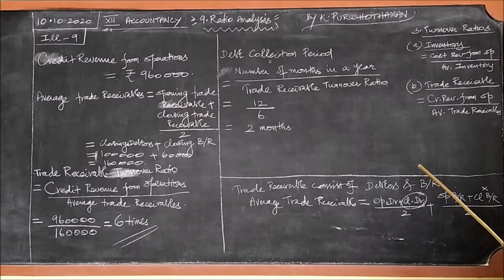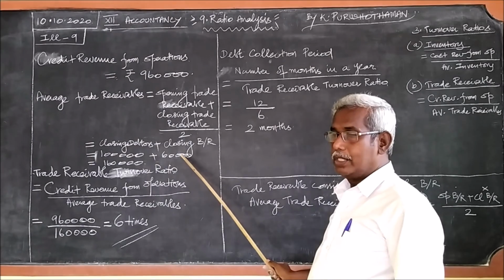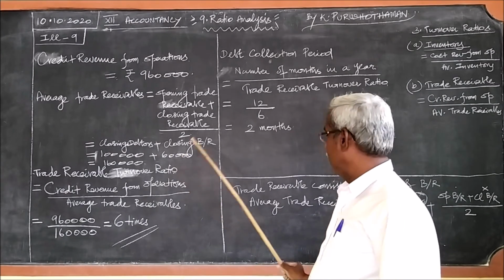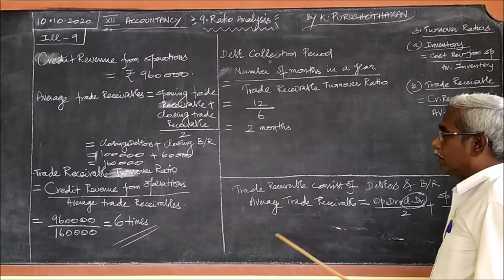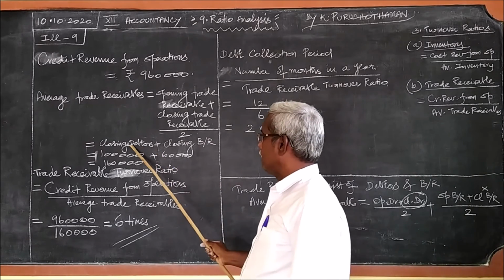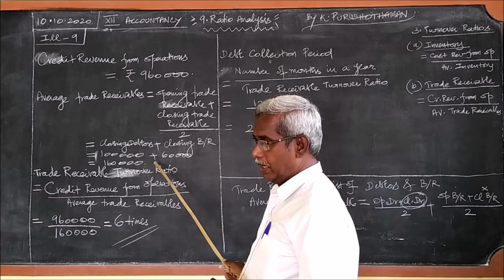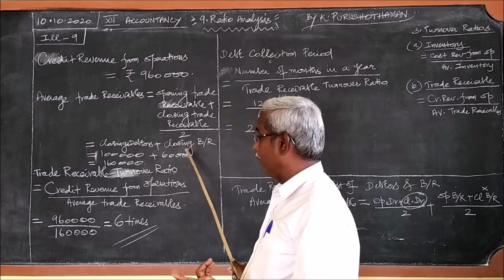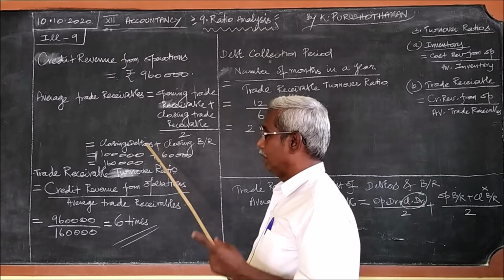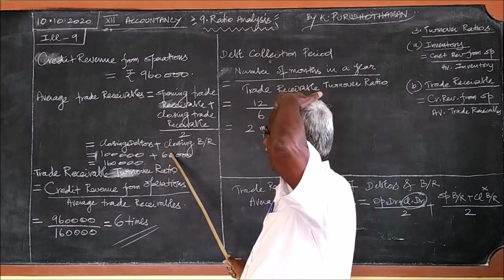So closing debtors and closing bills receivable are taken here. You should know the reason for not dividing by 2. Because no opening and closing debtors are given. If both are given, you can add and divide by 2. If both closing and opening bills receivable are given, you can add and find the average. But here only one debtors figure and one bills receivable figure is given, therefore you just add and write.